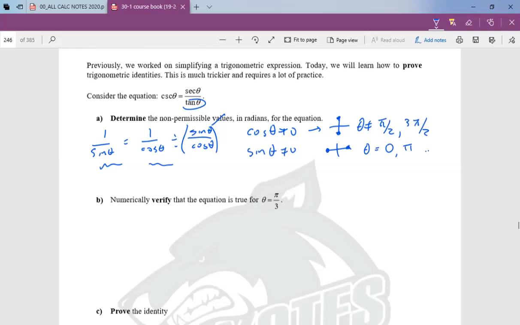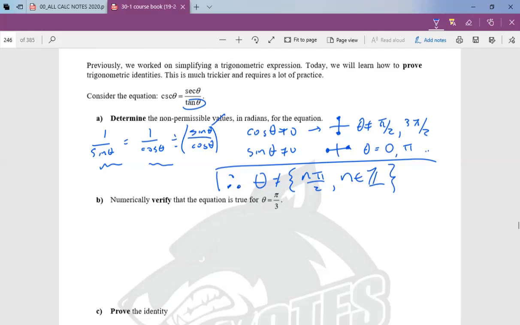So altogether, we have all 4 of those points, which just means theta cannot equal 0 plus n times pi over 2. We don't have to write the 0. So theta can't equal n times pi over 2, where n is an integer.